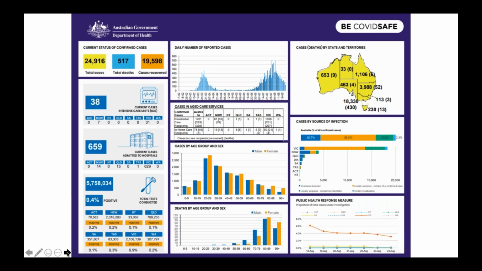We're certainly seeing the numbers come down, which is very encouraging. However, we've got to remember that there might be a little bit of a testing issue, as in people aren't getting tested as much. So I think we're certainly over that second hump.